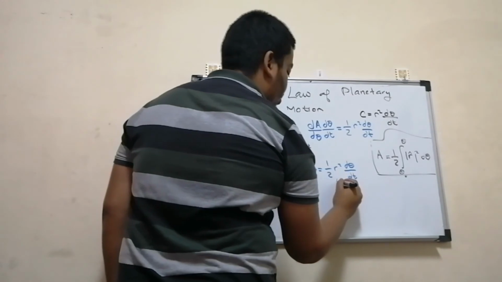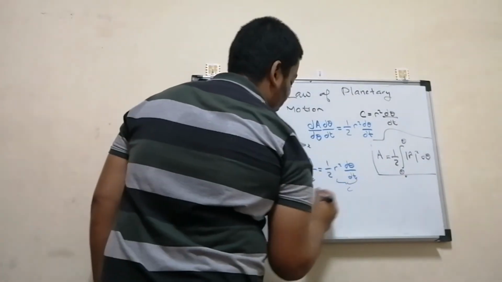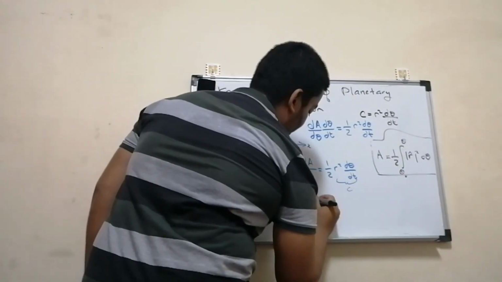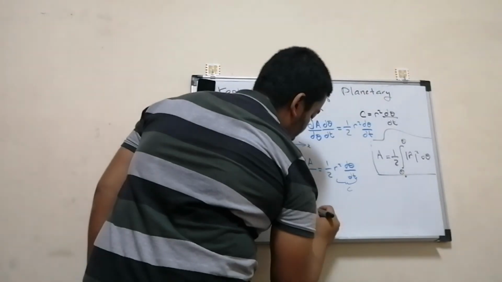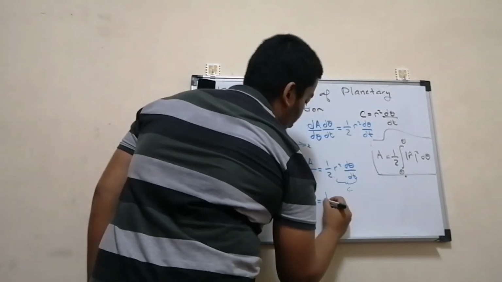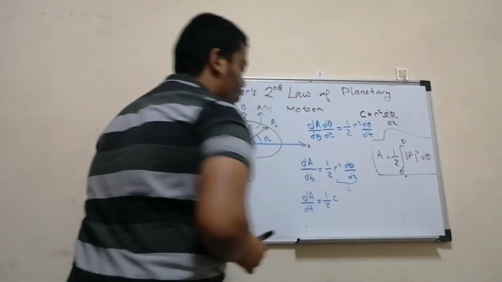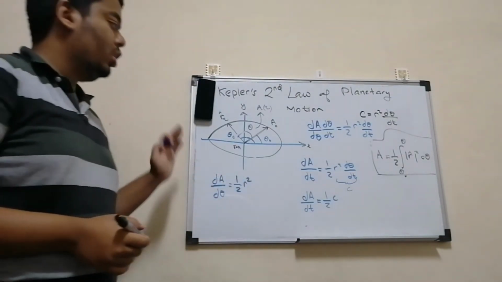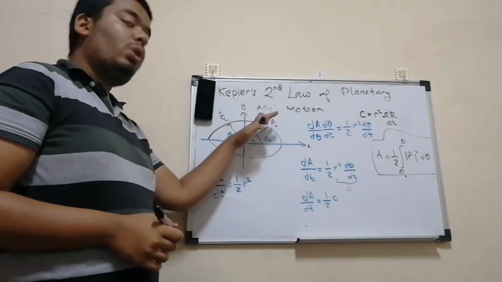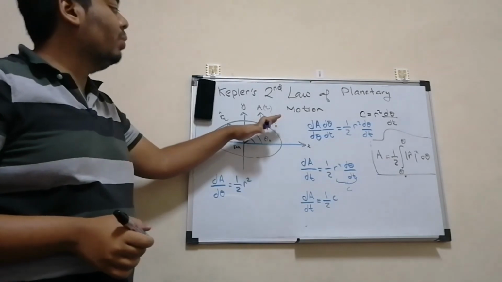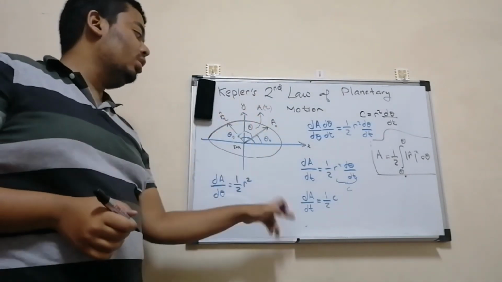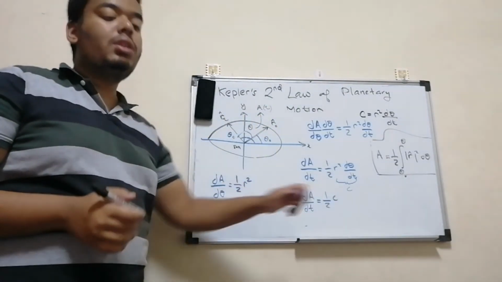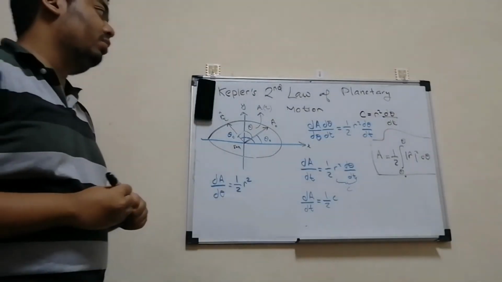This part is represented by c. So we can write that Kepler's second law of motion is actually true. We'll write it here. So the rate of change of the swept area, so if you see the planet starts from here, it sweeps down there, that rate is actually constant. It is not a variable function.